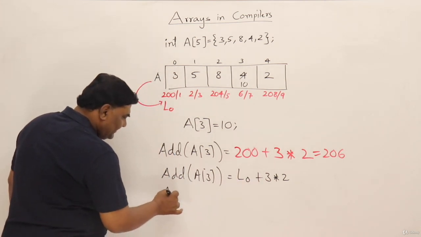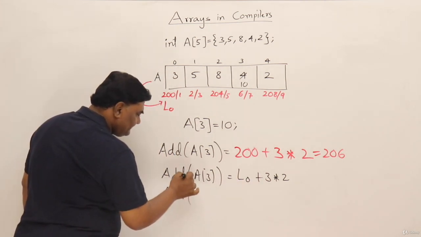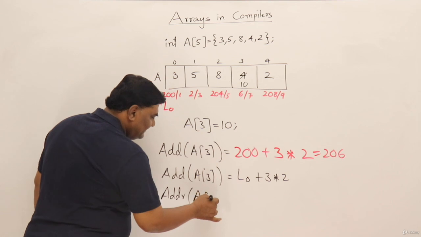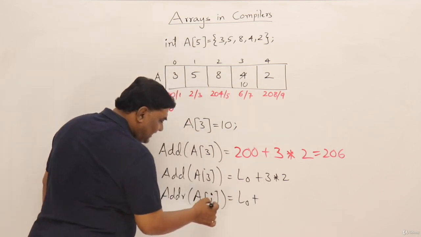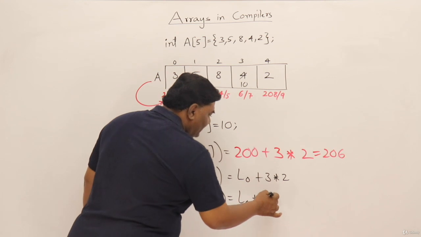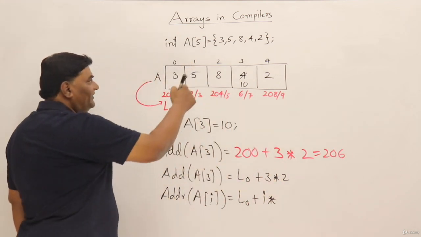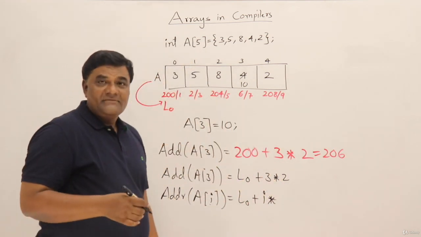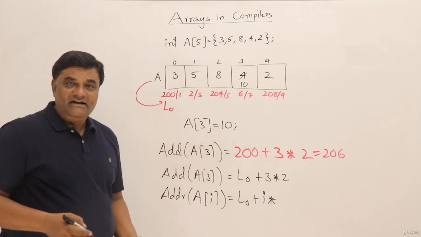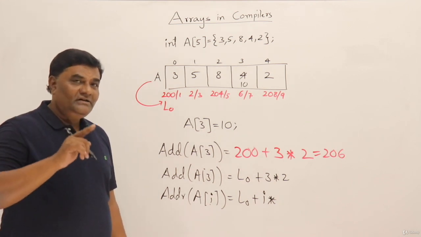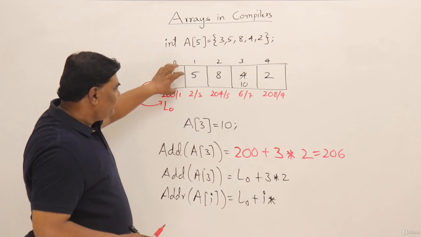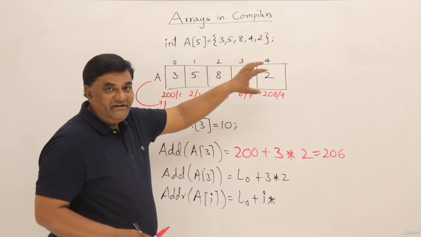Now for the address of any location a of I, how can it be obtained? L0 plus I into the size of the element. This is an example of an integer array, so 2 bytes. If it is a float array, it may be 4 bytes, a character array may be 1 byte, a double array may be 8 bytes. So depending on the data type, the number of bytes taken by each element may vary.